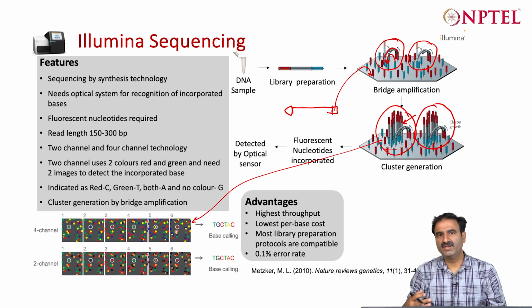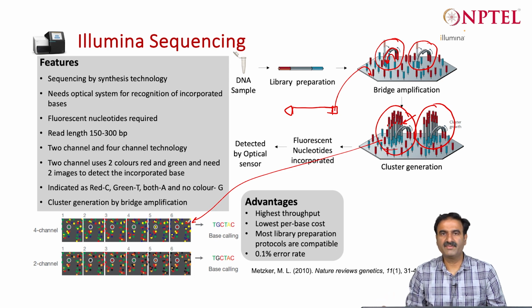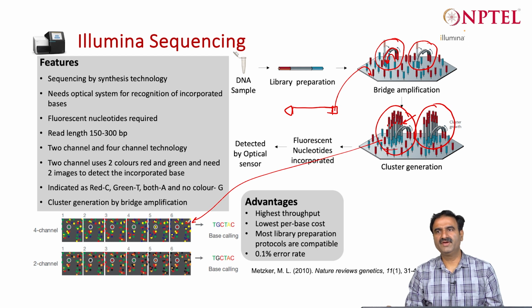All the nucleotides in this region will produce one signal each of the same nucleotide, and that will amplify the signal, which will be detected as fluorescence here and captured by the camera.